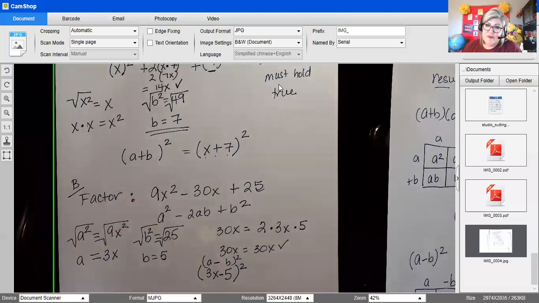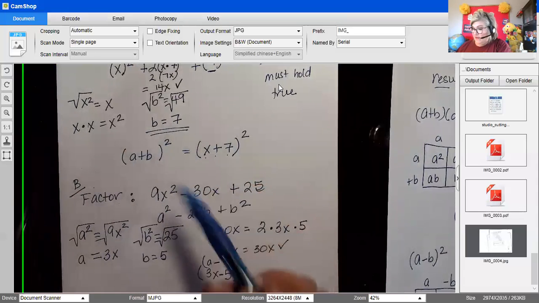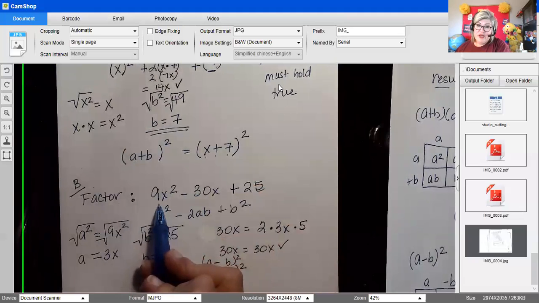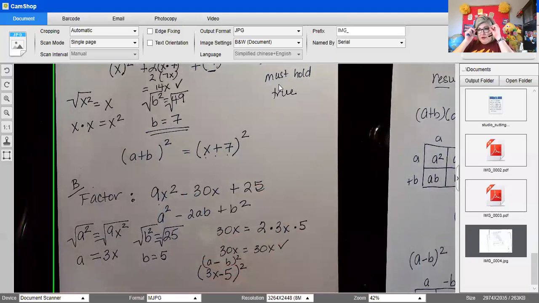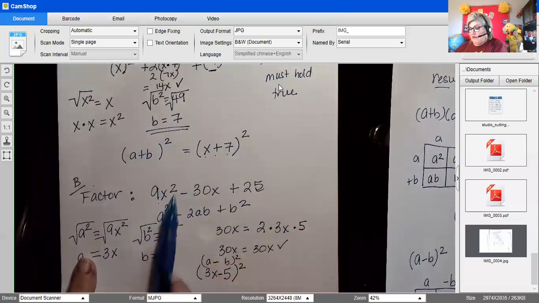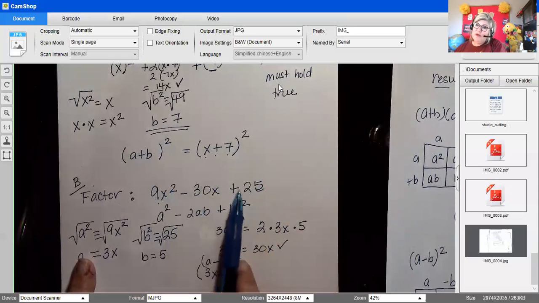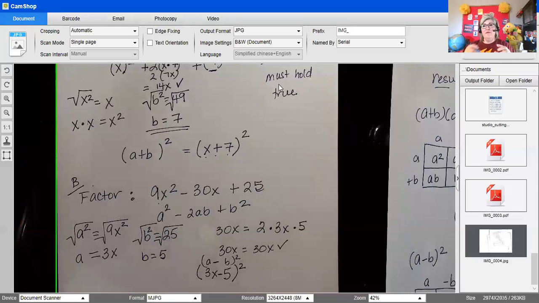A minus b, squared. So even if you do run into some that have the coefficient of the first term not being 1, you can still solve it by saying if this is equal to a squared and this is equal to b squared, then I need to take the square root of a and b, and then I can plug it into my model of a perfect square trinomial, which is equal to the square of a binomial.